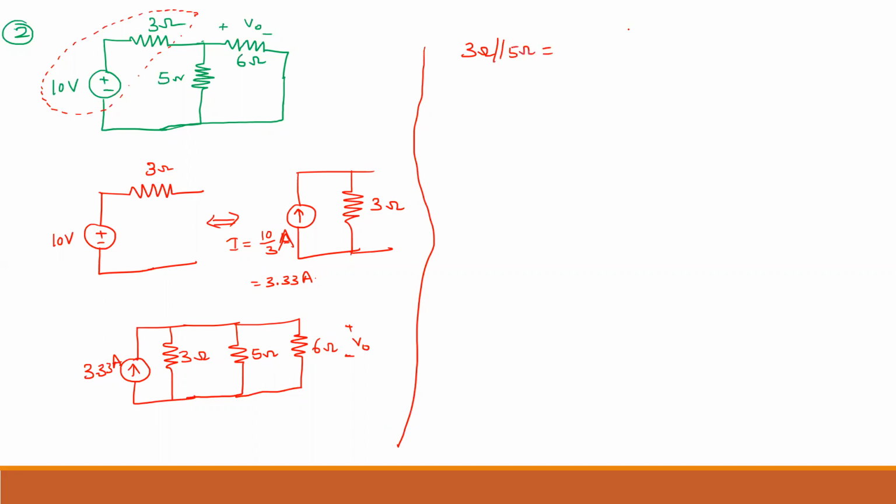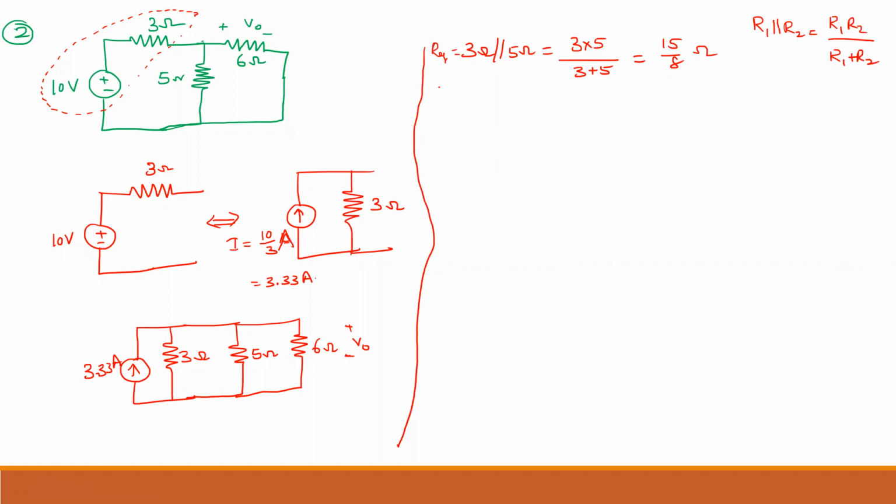If R1 and R2 are parallel, we can write R1 into R2 divided by R1 plus R2. So 3 into 5 divided by 3 plus 5, 15 divided by 8. So 15 by 8 ohms. Let us take this as some R equivalent.